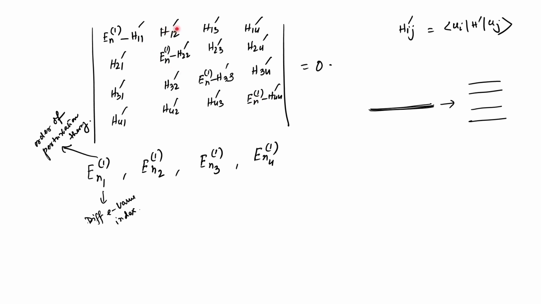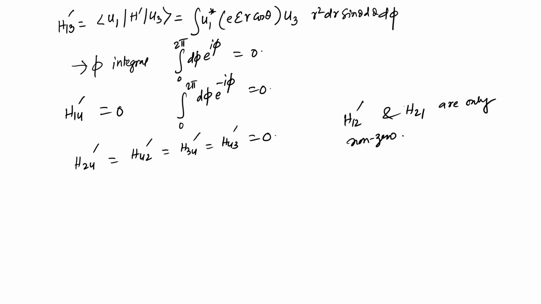The only non-zero terms that exist are H12 prime and H21 prime, and that is what we are trying to calculate now. So, H12 prime is equal to E divided by 32 pi epsilon 0.